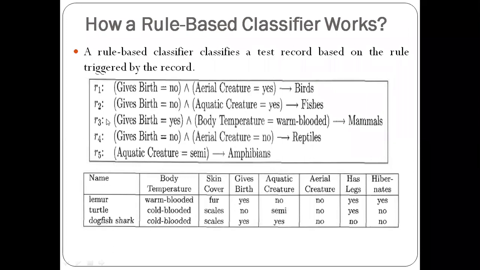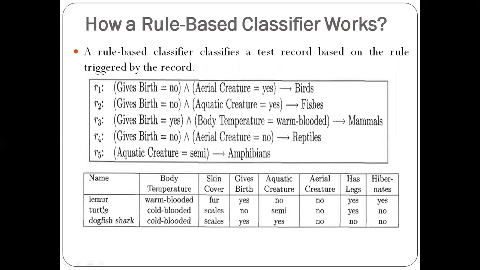That is rule R3. This first vertebrate is going to trigger rule R3, because body temperature is equal to warm and gives birth is equal to yes. Since these attributes match the precondition of R3, it will be classified as a mammal, so the class label mammal will be assigned.